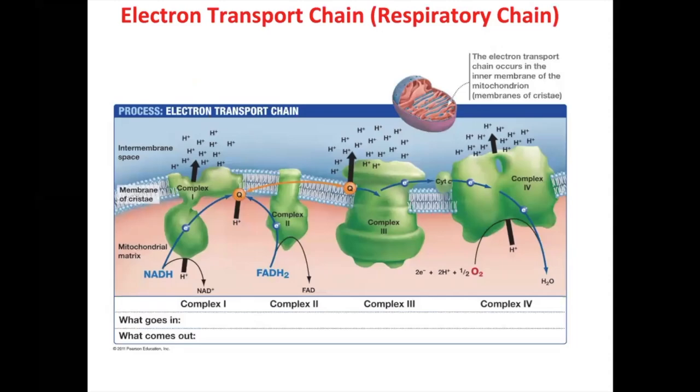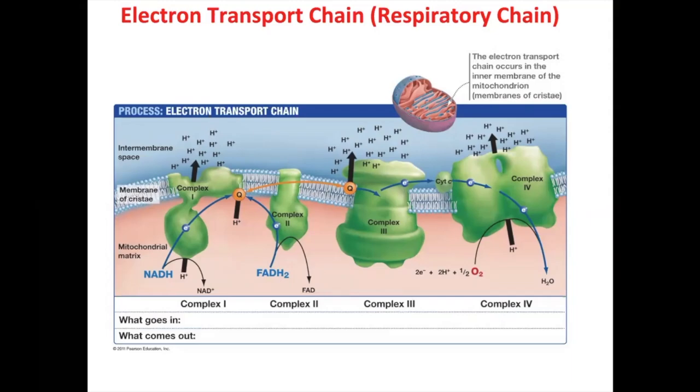Now, in this photo, let's try to dissect this. What you will see are 4 complexes. This occurs in the inner mitochondrial membrane. So what I want you to remember is that there are 4 complexes.